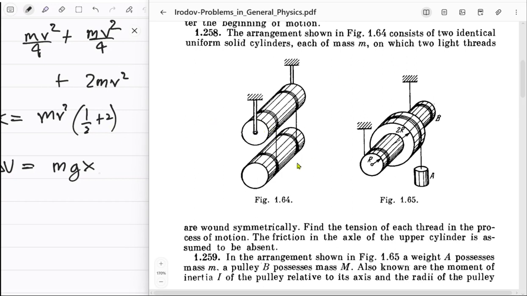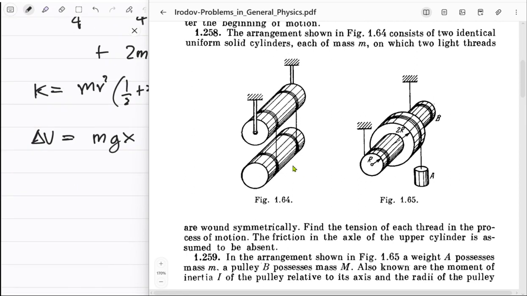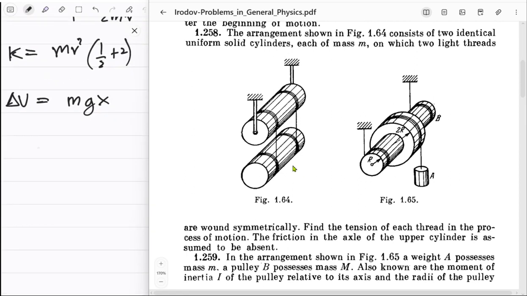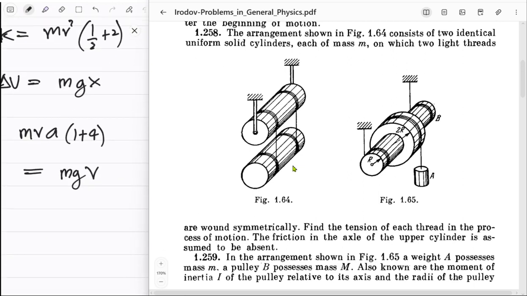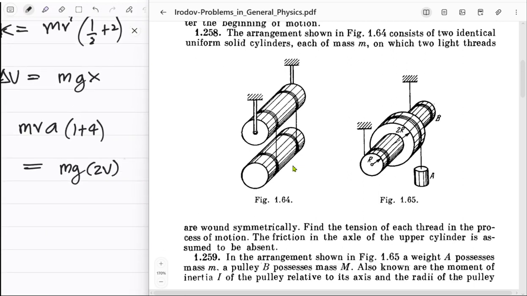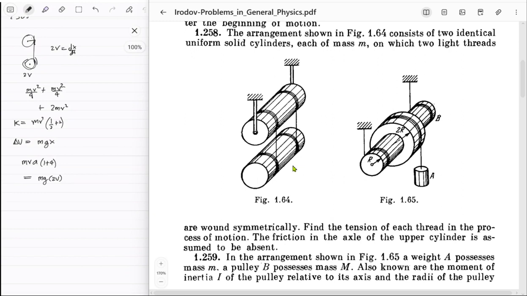That should work. So just differentiate and equate. So there we go. With the acceleration, the 2 is going to cancel out, so 1 plus 4 equals, differentiating this, mgv basically, right? Because d upon dt is just, no, it's not v, it's 2v actually. Of course.